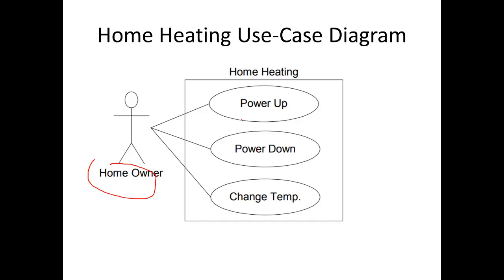The homeowner can power on the heating system, power down the heating system, and change the temperature of the heating system. So these are three use cases the homeowner can do. So we put the communication link to the different use cases. That's very simple.